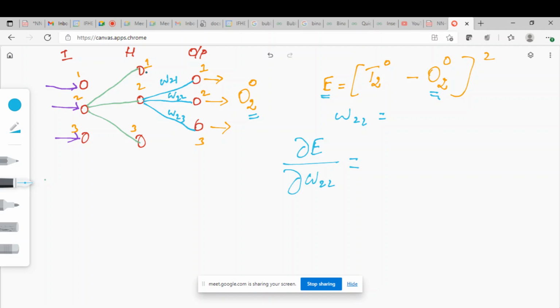You are missing something. Is it only the weight that is coming? Is something else not coming? The previous output is coming, right? So along with this weight, what is also connected?